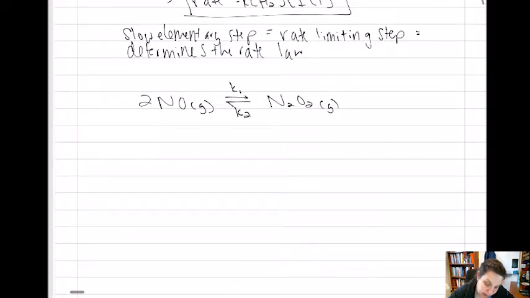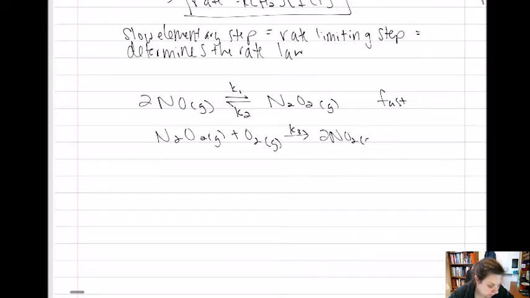And this is our fast step. And then we have N2O2 gas plus O2 gas. And then here's our k3, giving us 2NO2 gas. And it's our slow step.